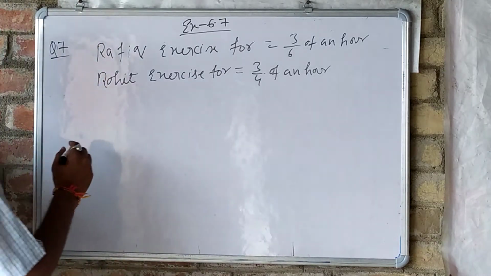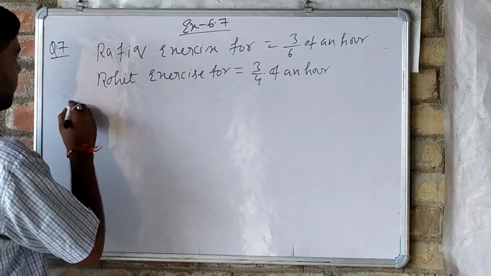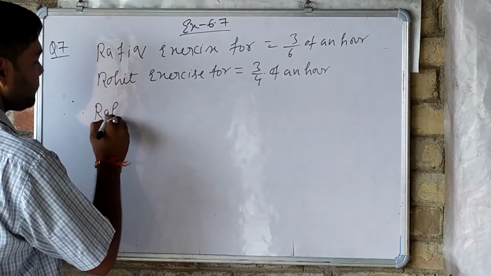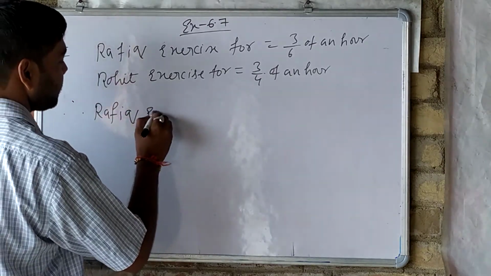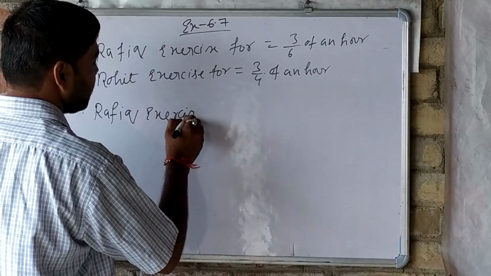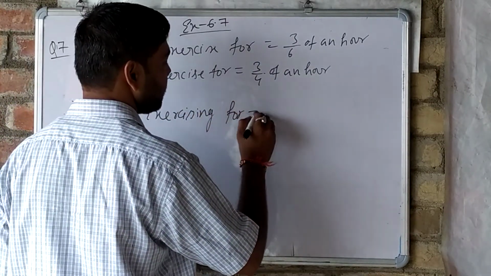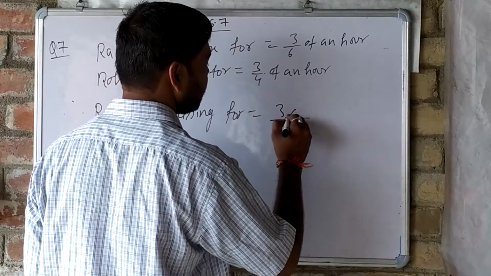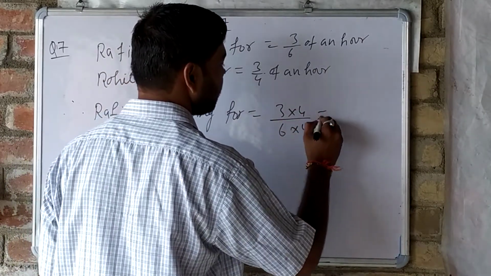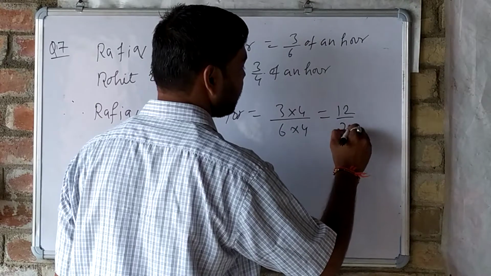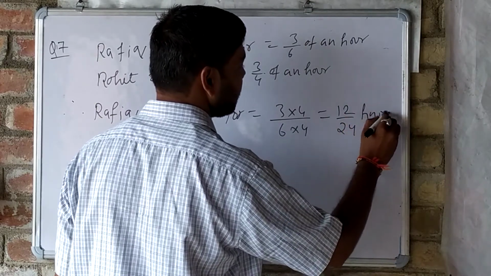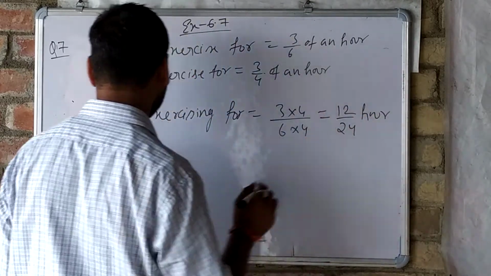So see here, how will we do? Rafiq exercising for 3 by 6 into 4 into 4. 3 4s are 12, 6 4s are 24 of an hour.